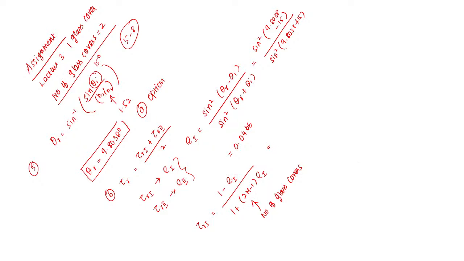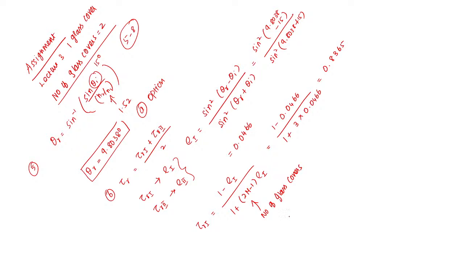Here we have two glass covers, so it is 1 minus 0.0466 upon 1 plus, with 2 glass covers, 2 twos are 4, 4 minus 1 is 3, 3 into 0.0466. This value is 0.8365.